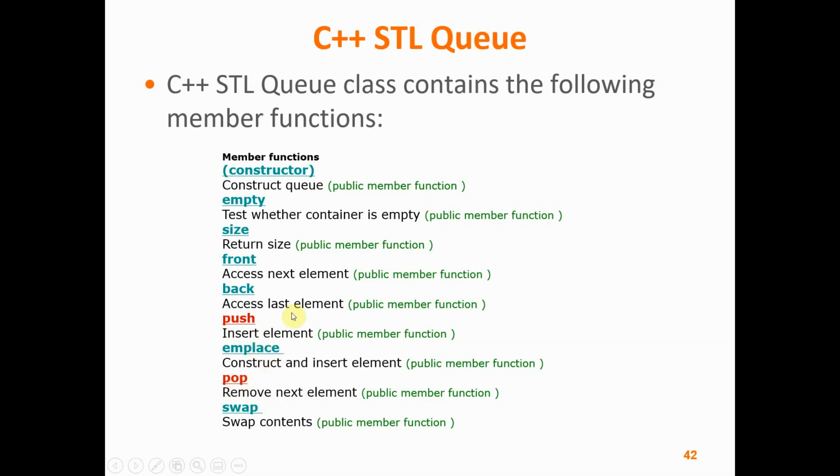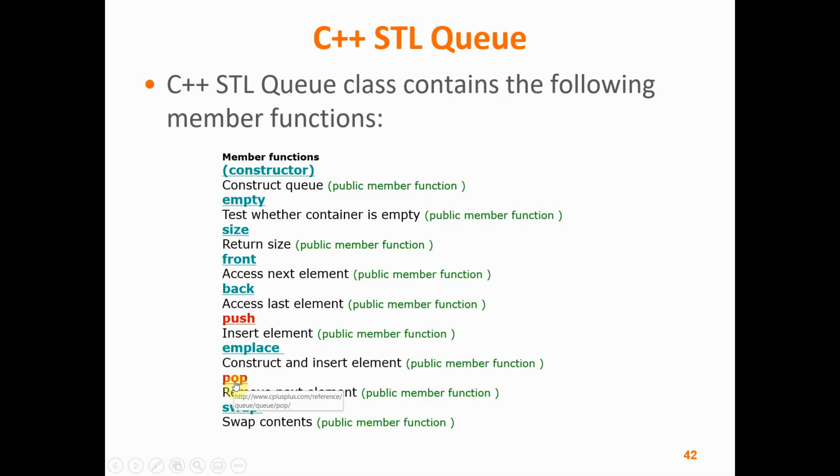One thing that I should mention, and I forgot to mention in the stack video as well, is that in these standard template library classes, queue and stack, both of them, pop doesn't return anything. It's a void function. If you want to return what's in the front of the queue, you have the front function, right?